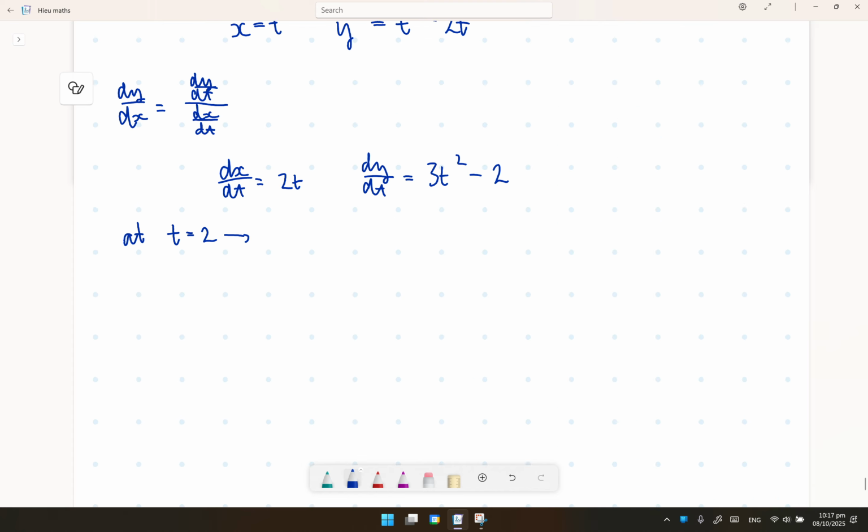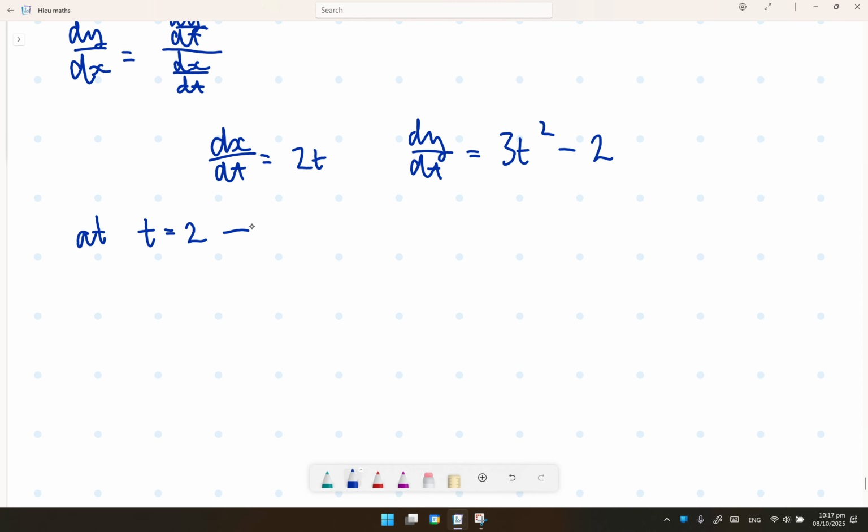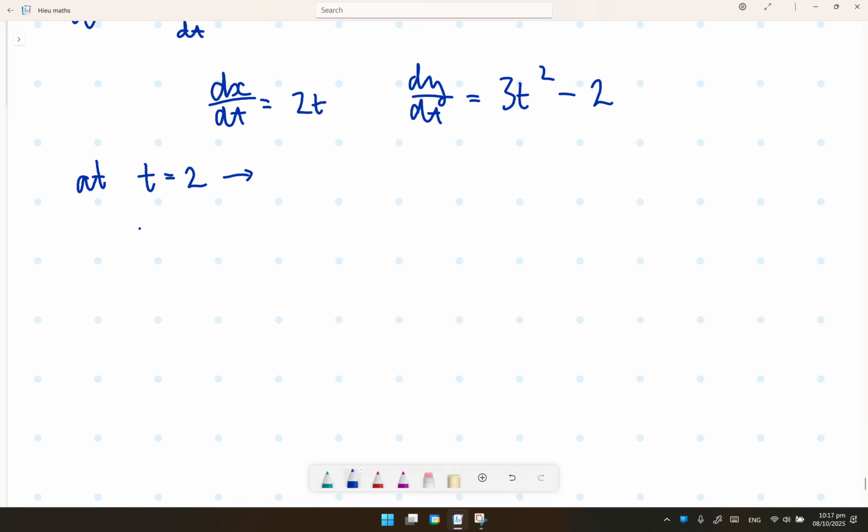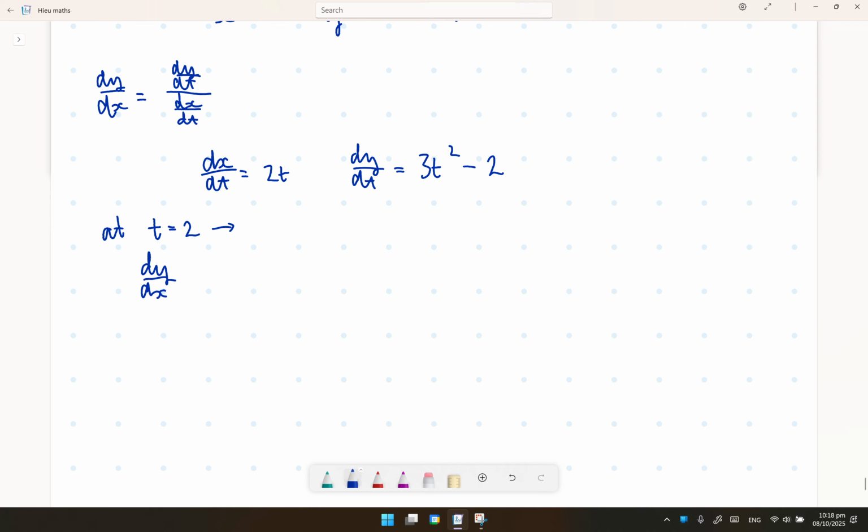At t equals 2, dy over dx is the gradient of the function. If you think about it, the parametric curve is made up of plots, each of which is a point from the x and y, and that makes the curve. So this is y and x, and we're trying to find the gradient of this.